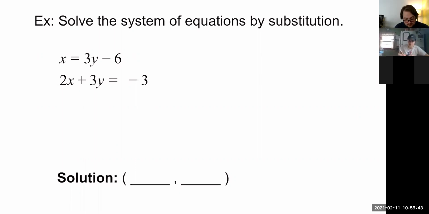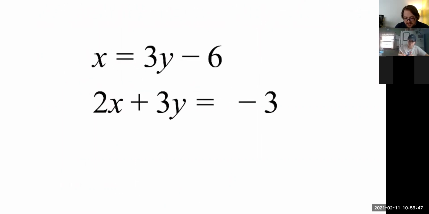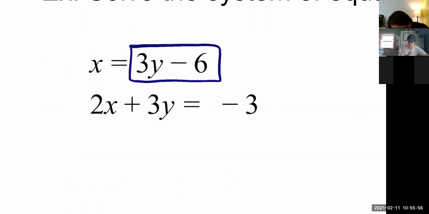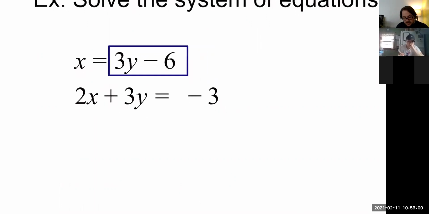There's a 1 beside the x, but if you literally read that equation, it's equal to 3y minus 6. x equals 3y minus 6. That is going to be what I box in. So according to that top equation, x, sometimes we swap out the word equal, x is 3y minus 6.